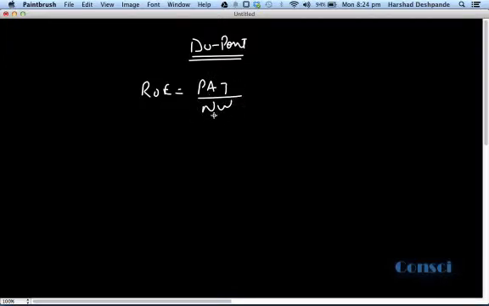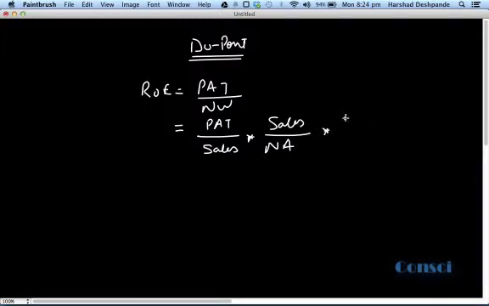To further see how this ratio can be analyzed is by dividing this ratio into several other sub ratios by saying PAT upon sales into sales upon net assets into net assets upon net worth.